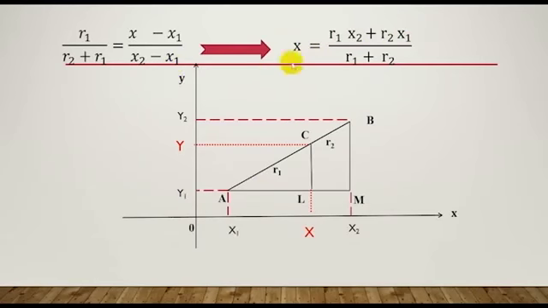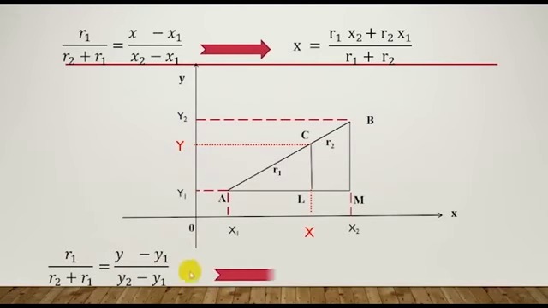Similarly, we can get Y: R1 over R1 plus R2 equals Y minus Y1 over Y2 minus Y1. We will get Y like this.